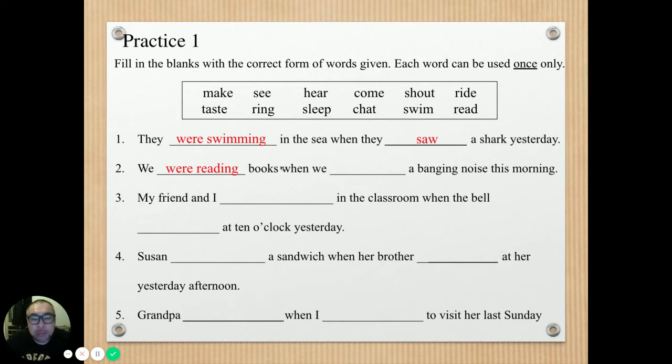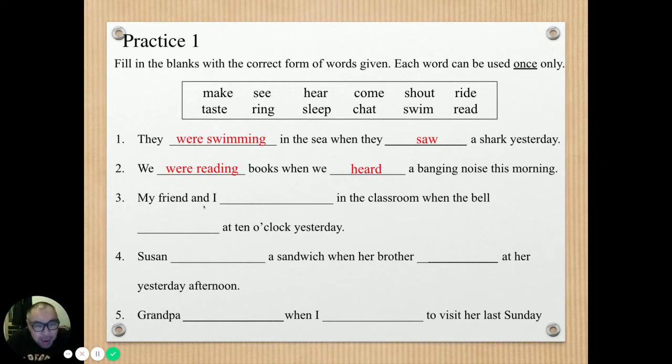We were reading books when we noise. What do you do with your ears? Yes, hear. And that's a short action because we can hear something in a second, right? So we use the past tense. What is the past tense of hear? Well done, heard. When we heard a banging noise this morning. Well done. Next, 3.